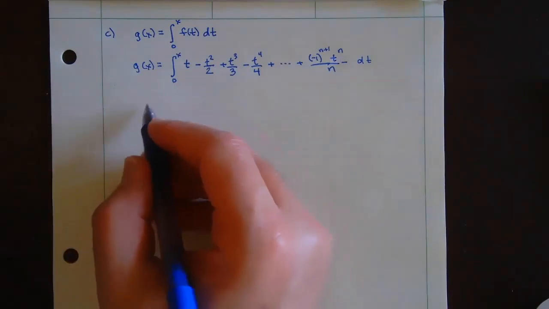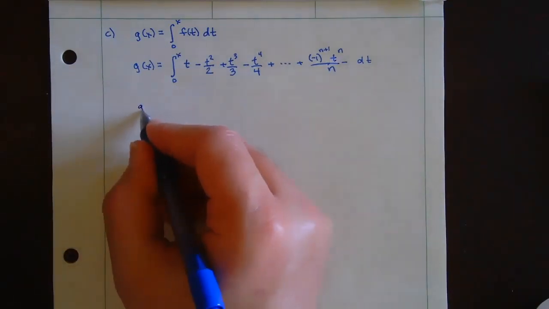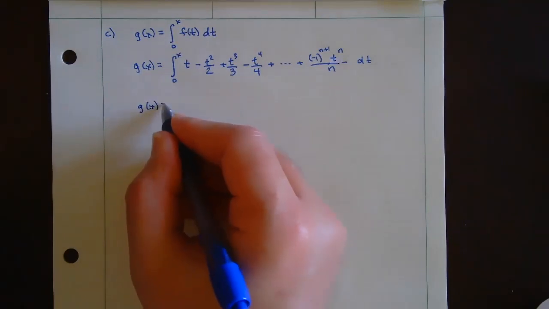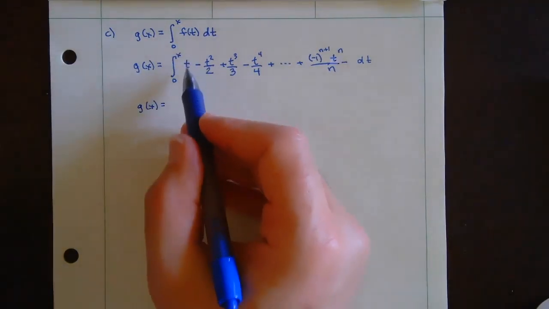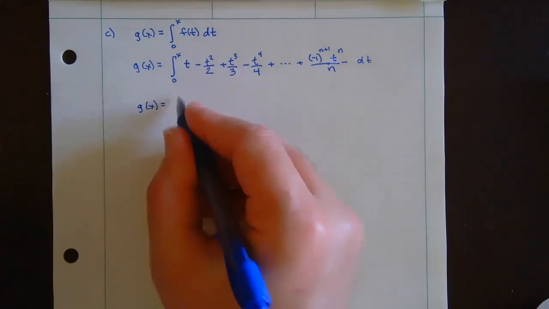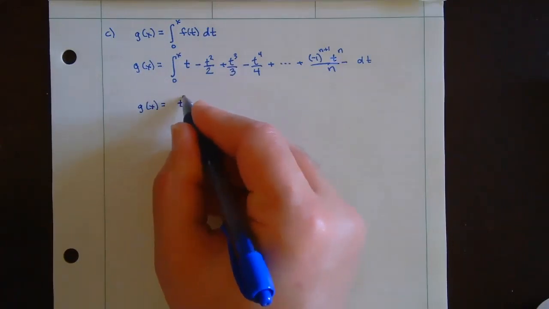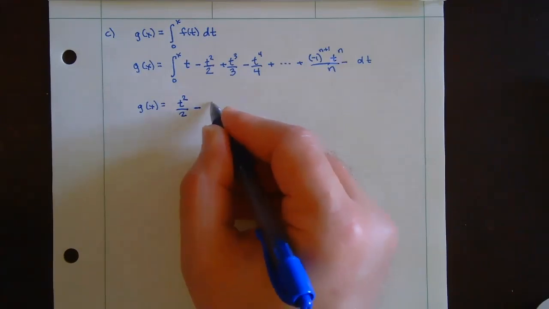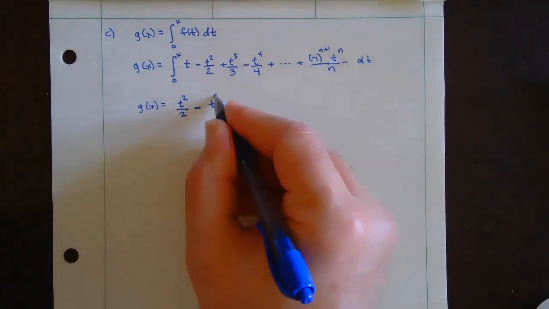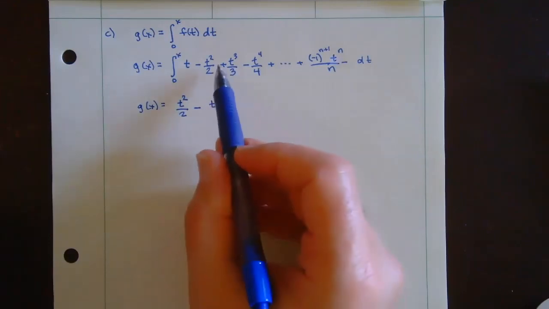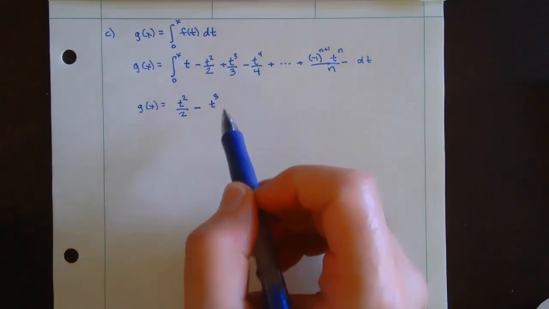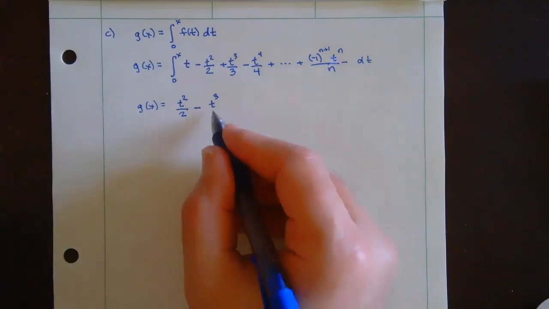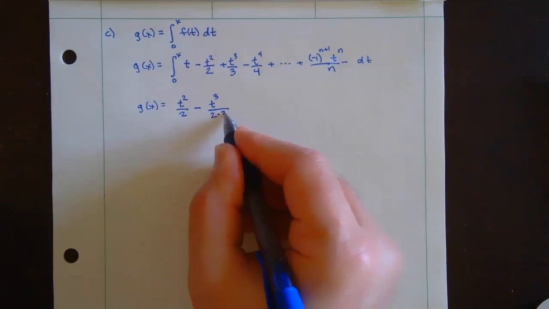So g of x would equal, okay, this is going to add 1 to the power and divide by it, right? So this first term is going to be t squared over 2 minus t cubed, and we would divide by that new power 3. But dividing by 3 is the same as multiplying by 1/3, so this actually becomes 2 times 3.